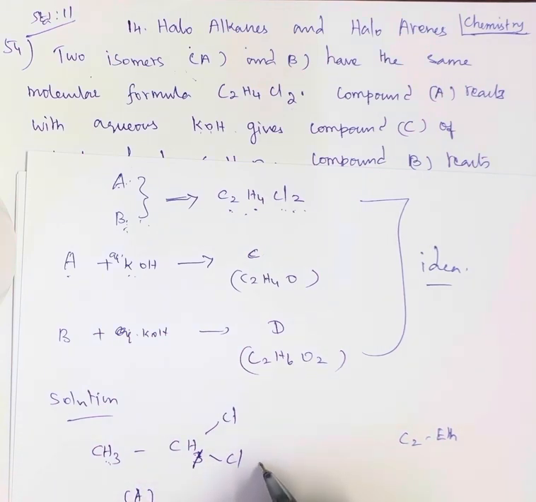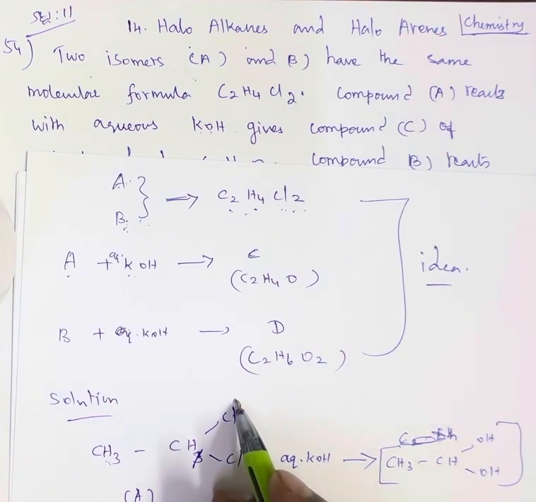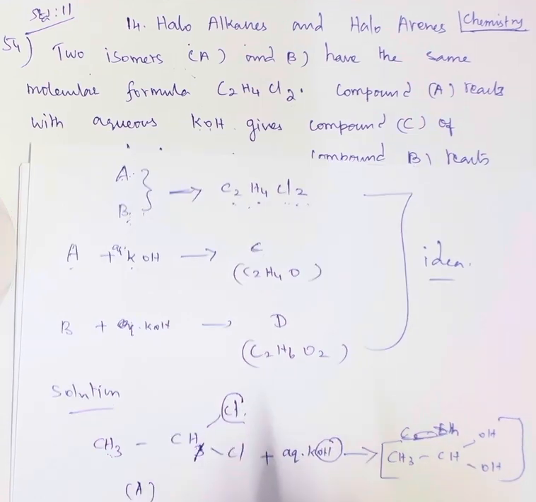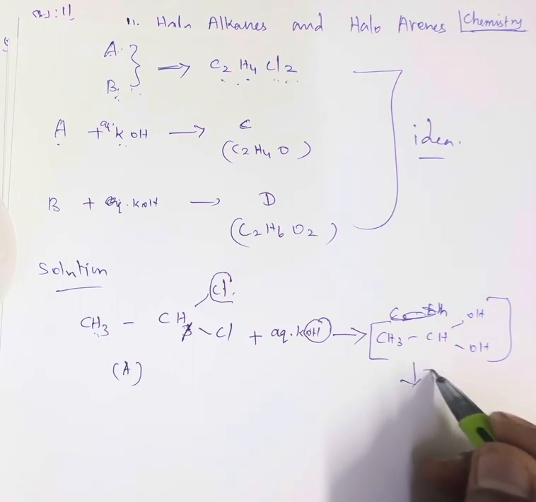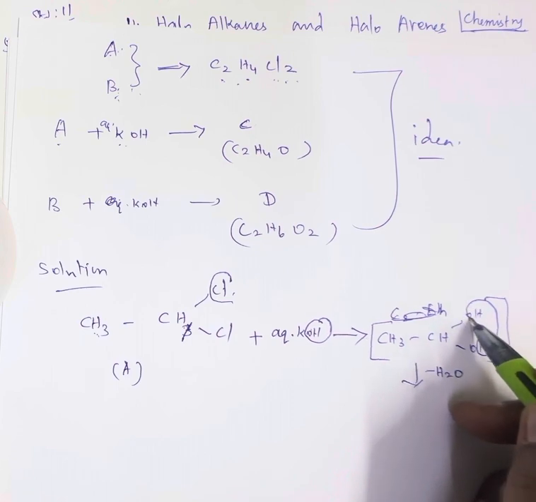It reacts with aqueous KOH and gives an intermediate compound, that is CH3, CH, OH, OH. First understand, this is a replacement reaction, chlorine replaced by OH. Then elimination of water, one H plus OH.